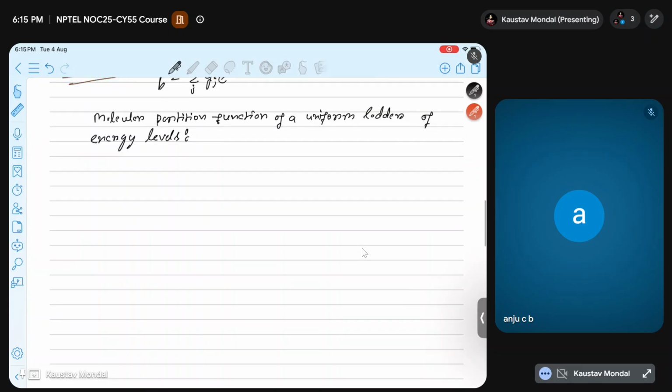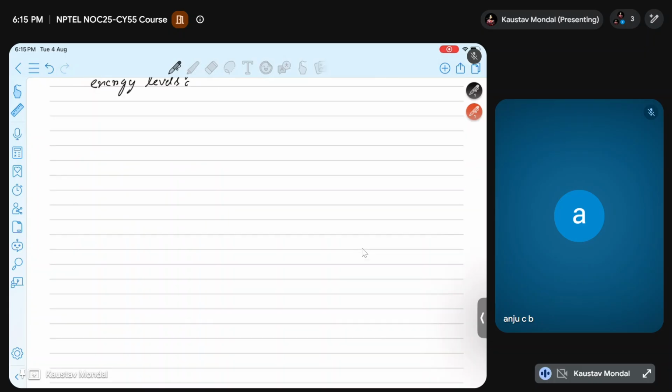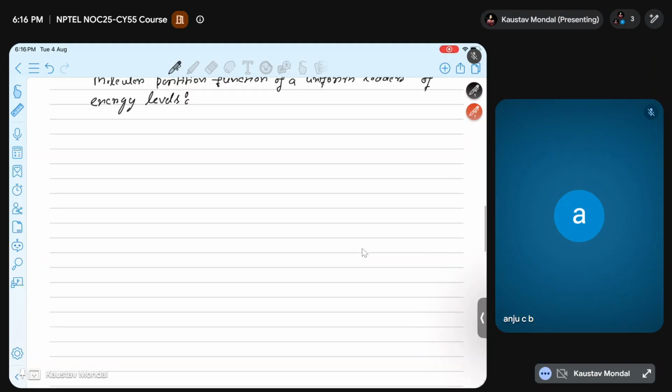So what does that mean? That means the energy levels are distributed like this.